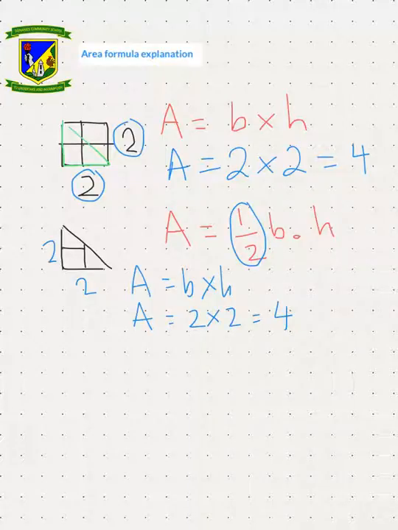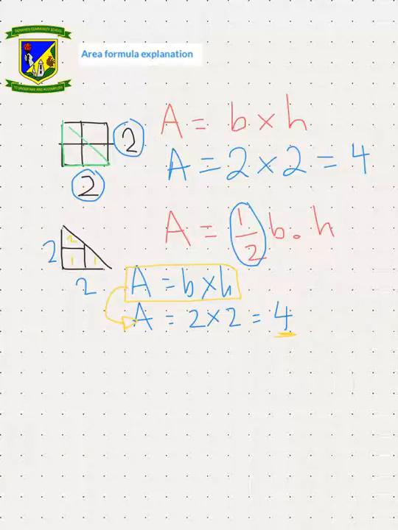Now I can see that the area of my triangle isn't 4. It's 1, 1.5, 2. The area of my triangle is 2. So using the area for a square just doesn't work in this triangle shape. The area is too big.